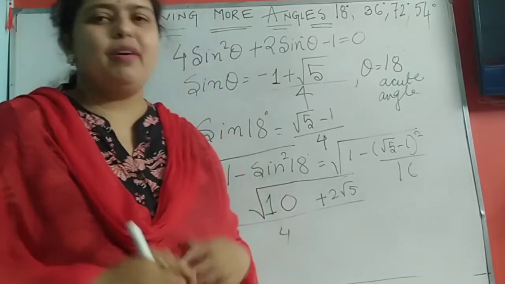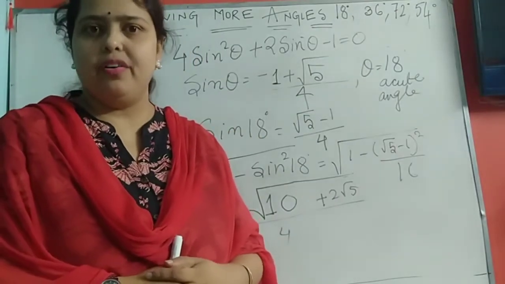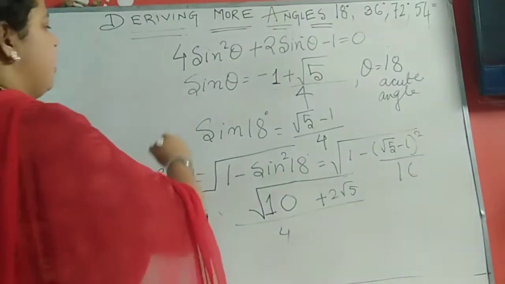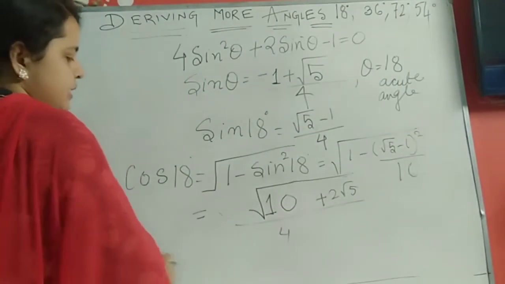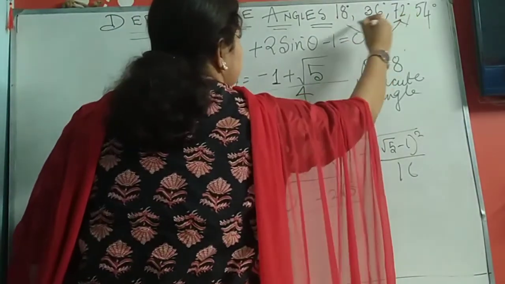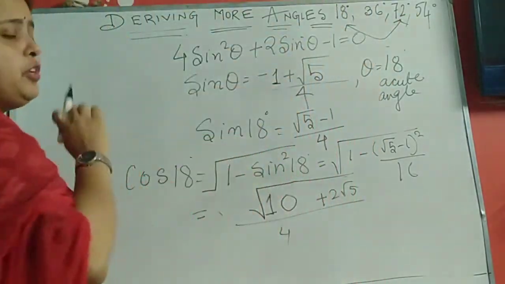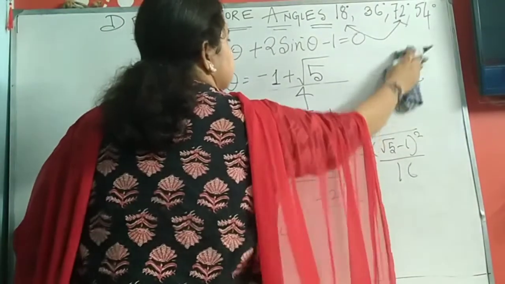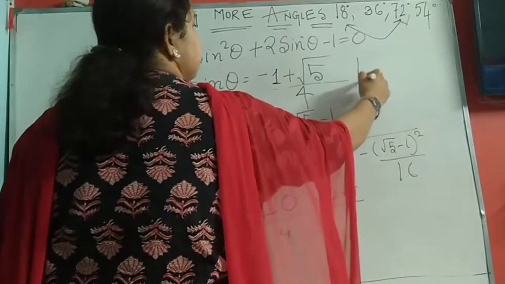Why, you know? Because I don't have to find it out. It's already found. And why is it so? Because of the relation of complementary angles, that is 18 degree and 72 degree, sorry. 18 degree and 72 degree are complementary angles.